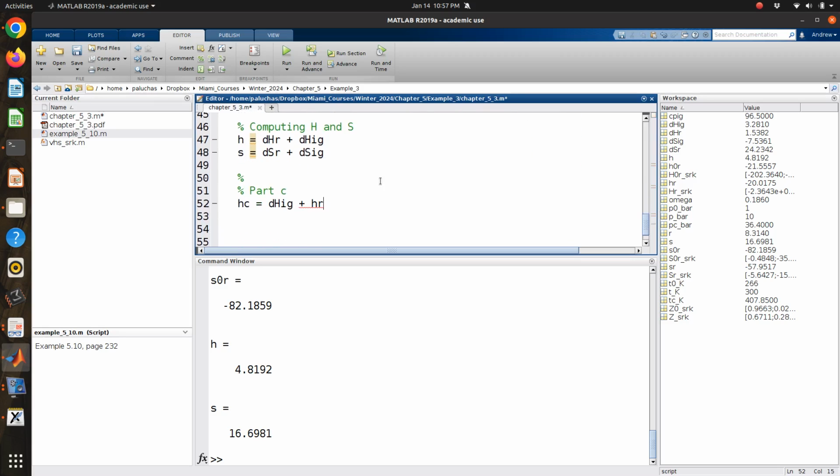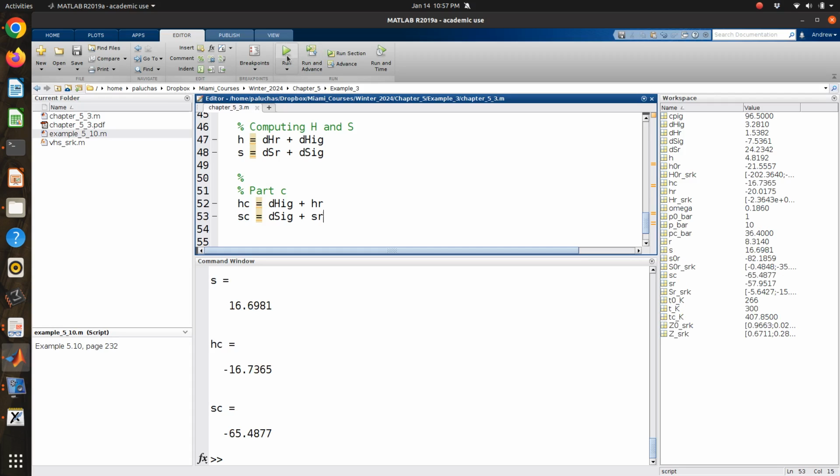You're not delta HR, just HR. And SC, that's going to be DS ideal gas, which we computed in B, plus my residual entropy at my state of interest, which we computed in A. So there we go.